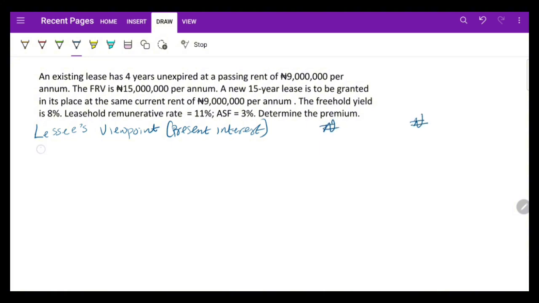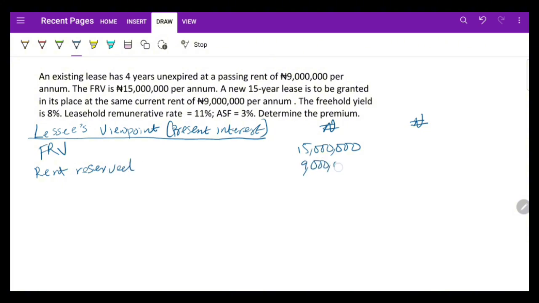So we have the full rental value, which is 15 million naira, and then the rent reserved, which is the rent paid, is 9 million naira. So we subtract that to get our profit rent.